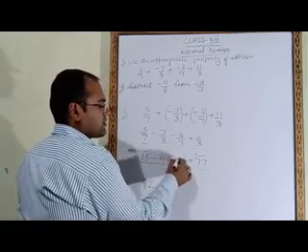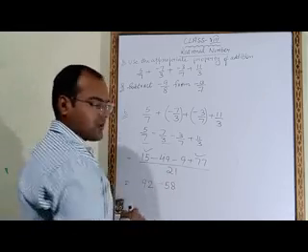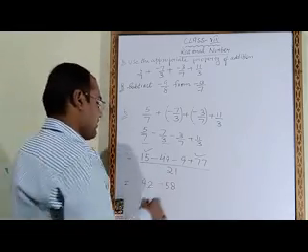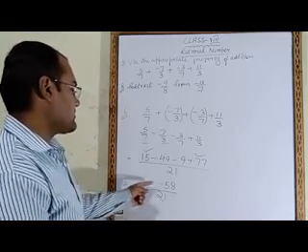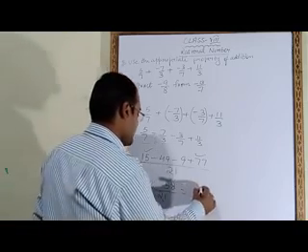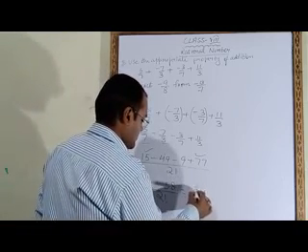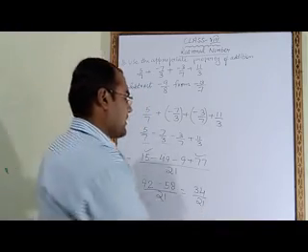Which one is greater among these two? 49 is greater. 49 is having minus sign, so here also we have to take minus sign upon 21. Now plus minus minus, so we will subtract these two numbers. On subtracting, we will get 34 upon 21. So this is your final answer.